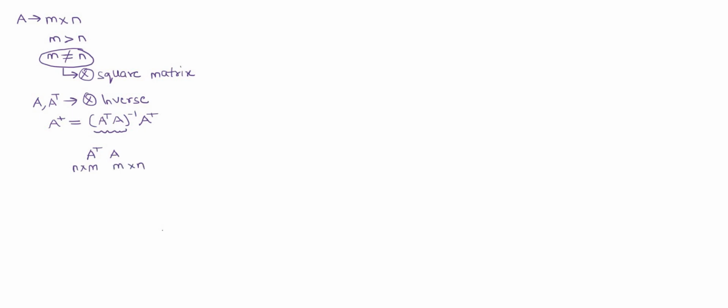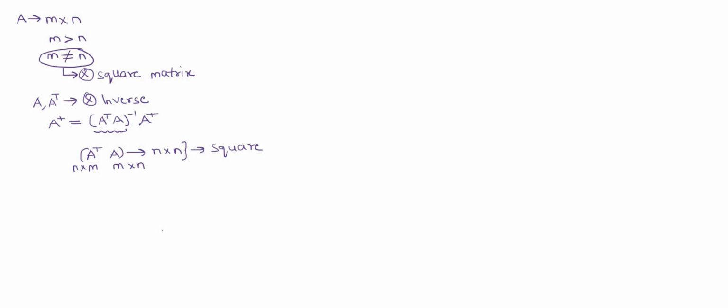Now the product of these two will have order of n cross n. So this here forms a square matrix. So A transpose into A will form a square matrix, so its inverse is possible, but individually I cannot calculate the inverse of A transpose and A.